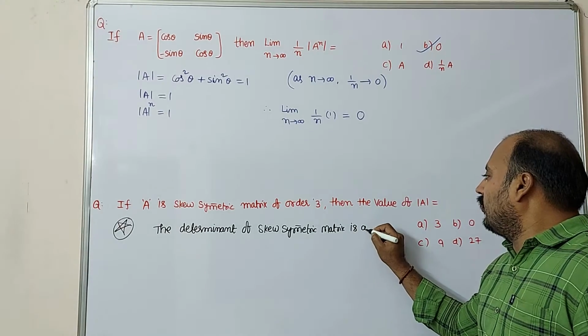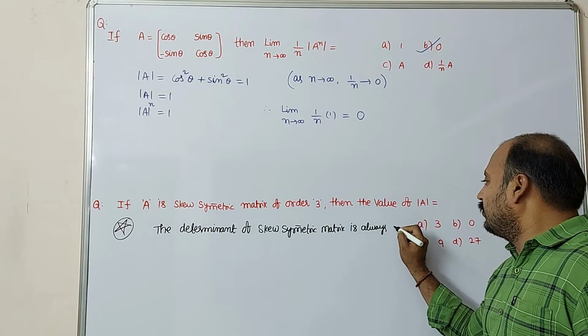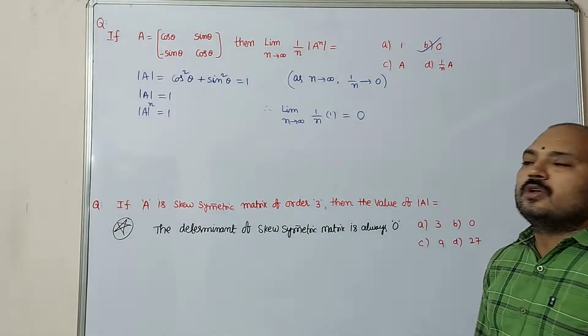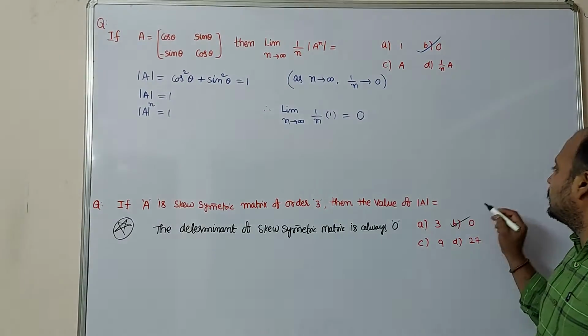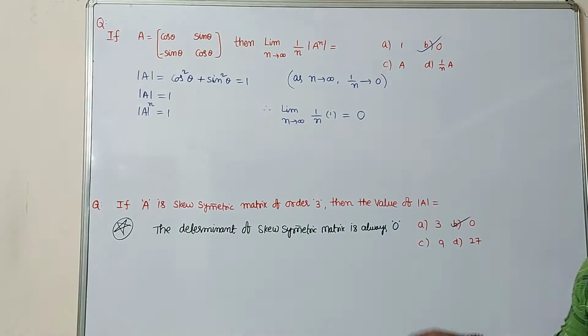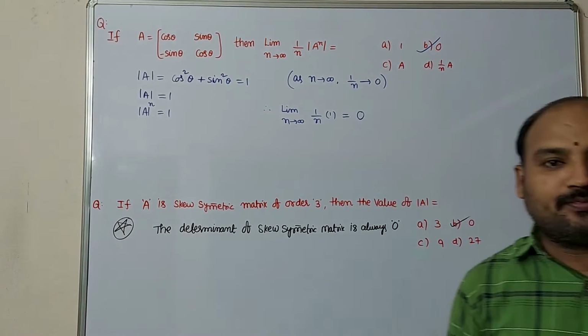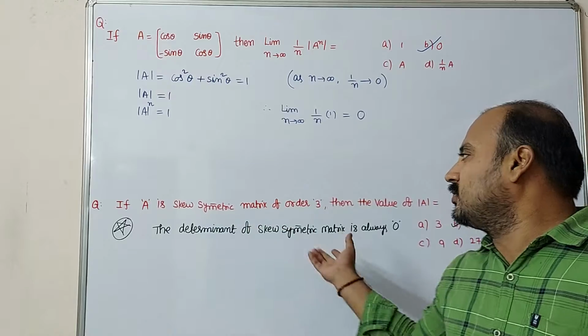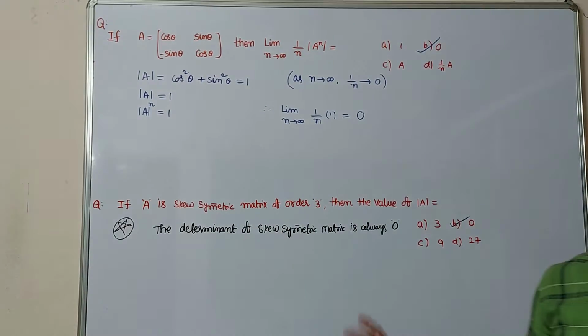So by using this, the answer is option B. The determinant of a skew symmetric matrix is always 0, so the answer is 0. Without doing any steps, we can give that answer as 0.